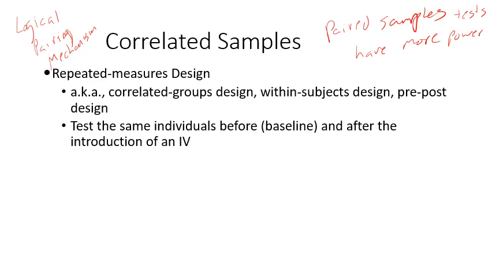Well, now you've got a repeated measures design. You've got this logical pairing mechanism in that both tests were done on the exact same participants. So this is where your individuals, companies, cities, whatever, are tested at 2 different points in time. So that's the first, repeated measures design. Repeated samples on the same participants.